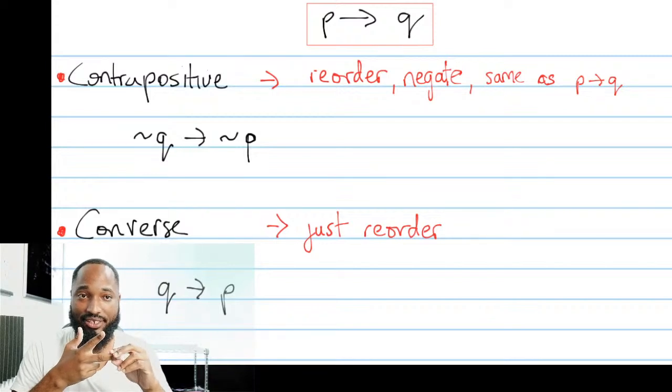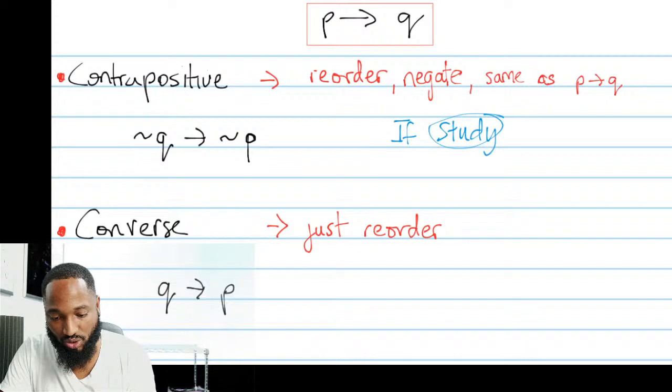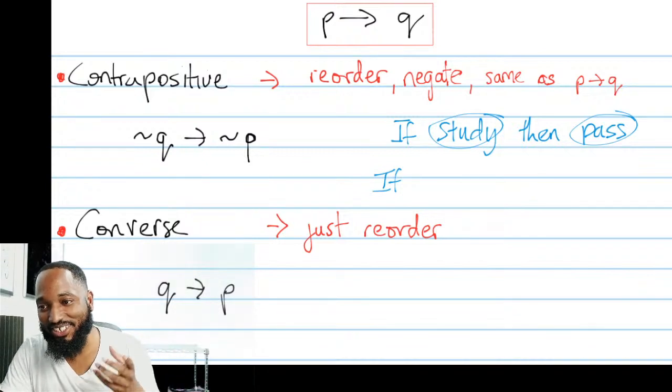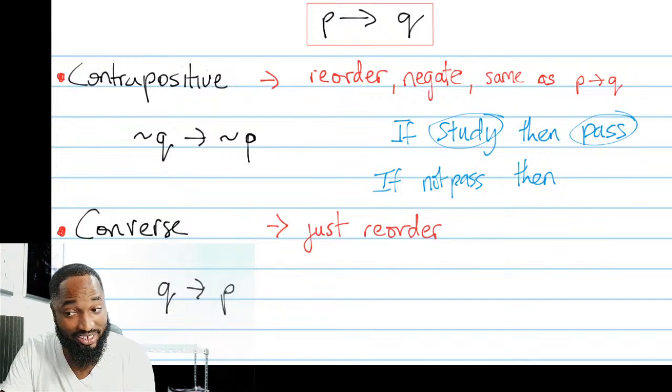Now if I swap it and negate it, let me write it down. If you study, then you pass. So the contrapositive will be, if you do not pass, then it's because you're not studying.